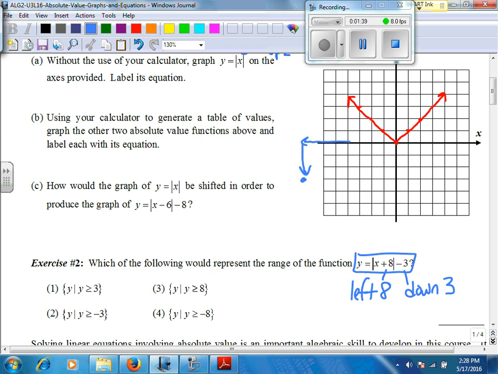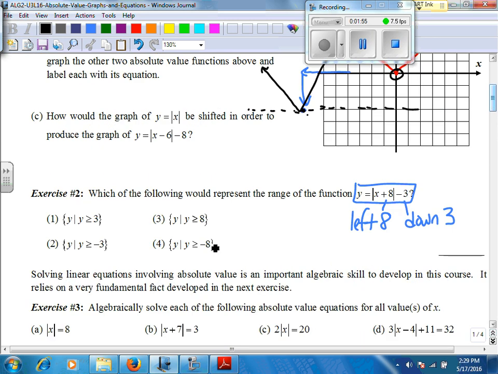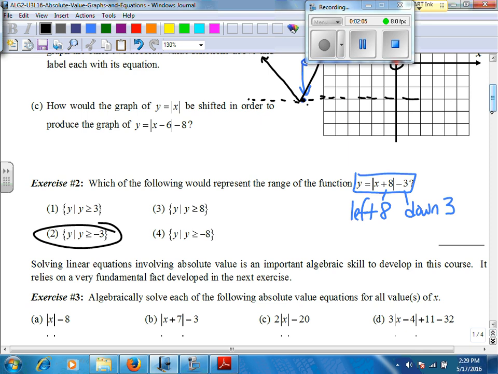So the bottom of the V would be here instead of here, which means that the bottom of our range will be negative 3. The top of our range will be infinity. The way that we write that is y is greater than or equal to negative 3. Okay, so we shifted the whole graph down 3, so that took our range down to negative 3.